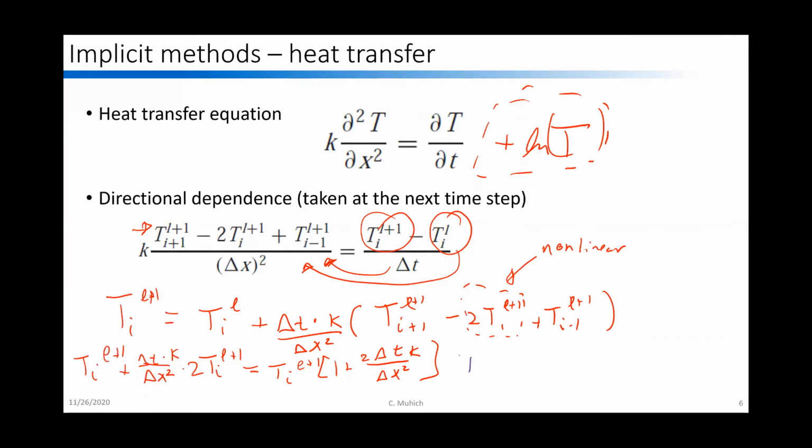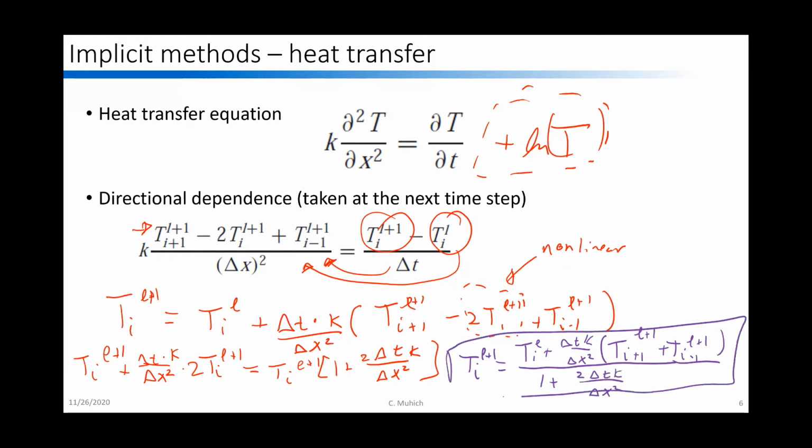We have T_i^(L+1) is equal to T_i^L plus delta t k over delta x squared times (T_(i+1)^(L+1) plus T_(i-1)^(L+1)) over 1 plus 2 delta t k over delta x squared, right?